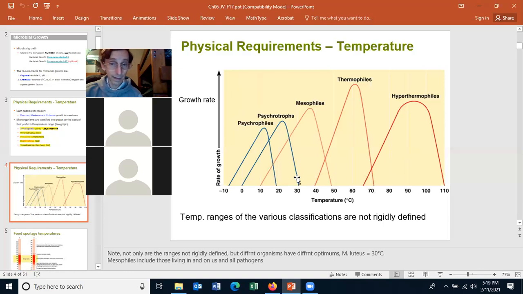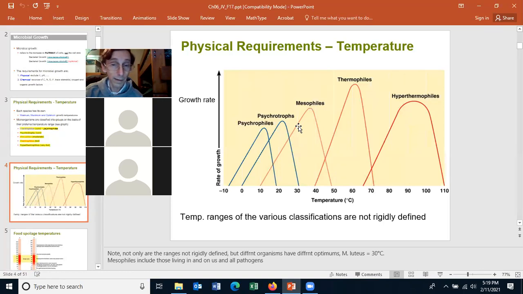Let me state that these definitions are not absolute, meaning every species varies. Micrococcus luteus grows on our skin. Its optimum temperature is not 37. Its optimum temperature is 30 degrees because our skin is a cooler temperature than our core body temperature.